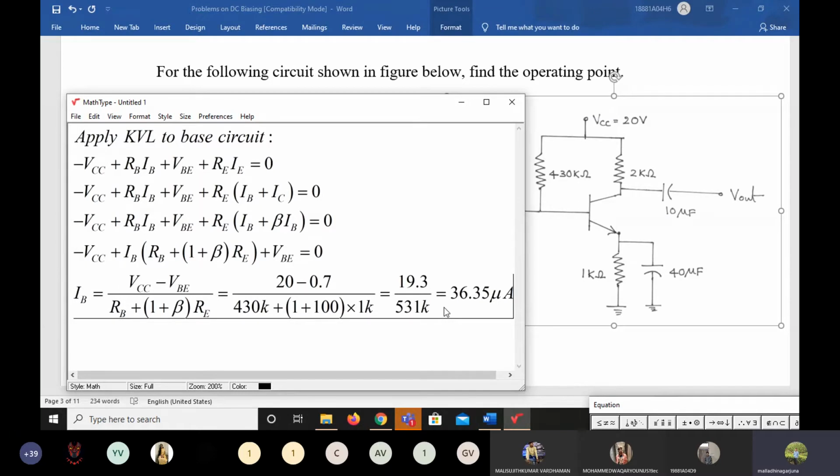Okay, so now next, apply KVL to the collector circuit.